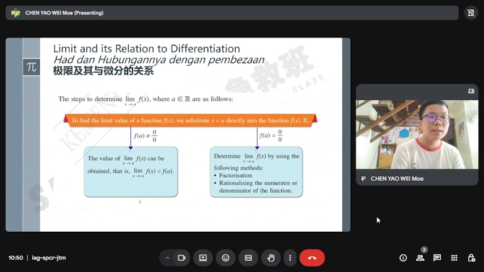If, when you substitute the number into the numerator and denominator, you get 0 over 0, then you cannot do it.